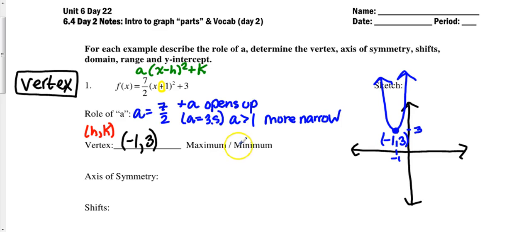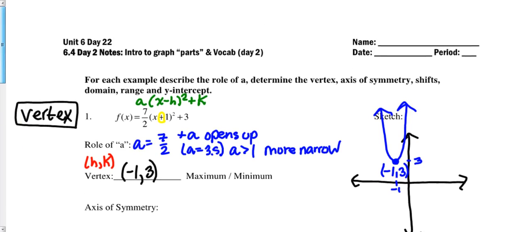Now that we have our picture, we can decide, do we have a maximum or a minimum? If we're having a struggle making a decision, you can make a note up here. If it opens down, that's a maximum.